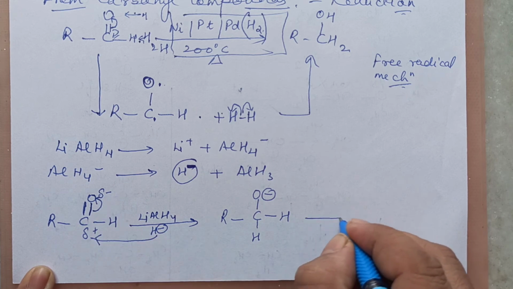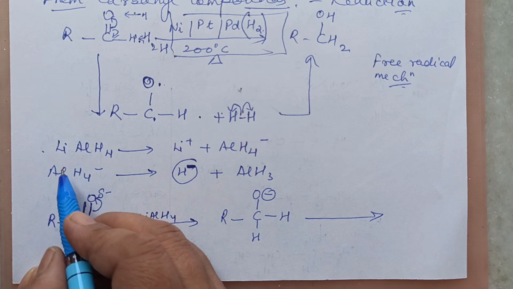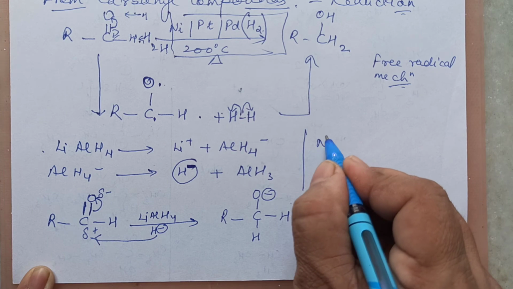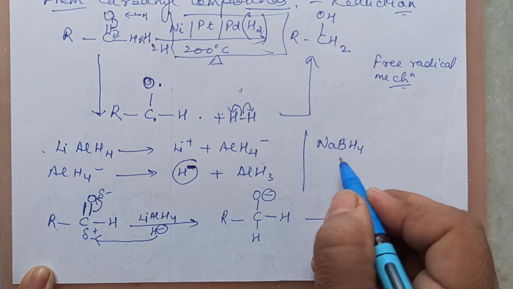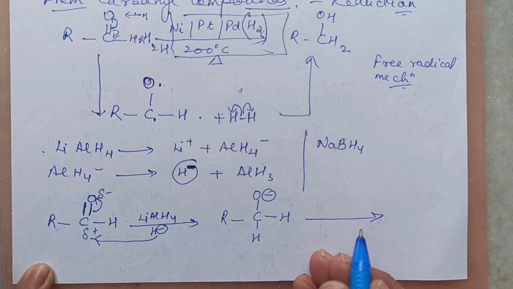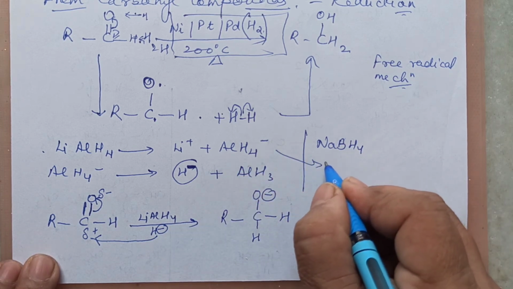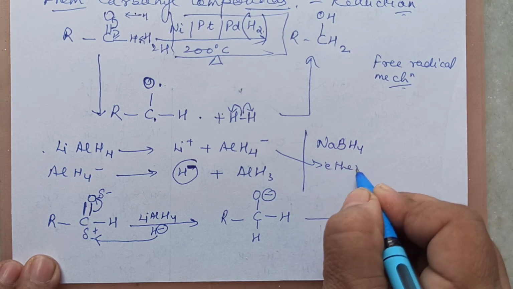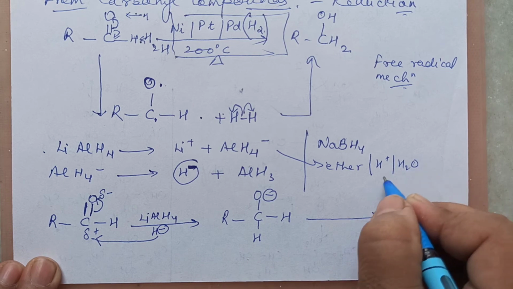Now this is the reaction which is taking place in the presence of lithium aluminium hydride, or it can also be sodium borohydride, which will be exactly the same thing. It will form Na plus BH4 minus and the same thing will happen. Okay, this is always carried out in the presence of ether or H plus water in the acid medium.